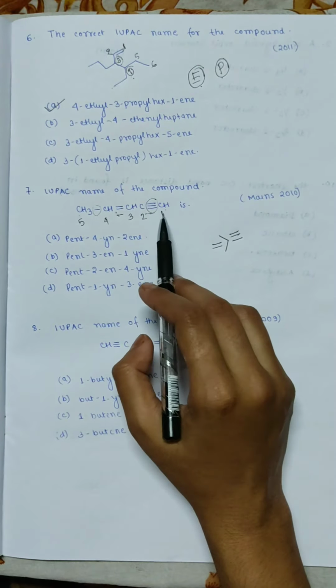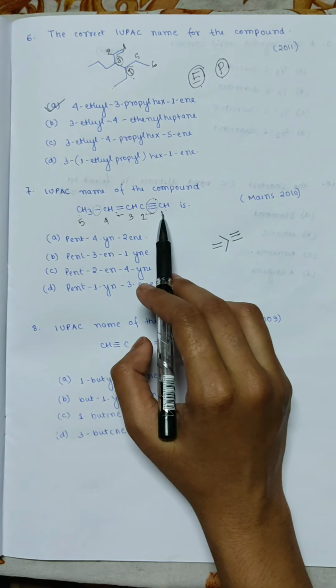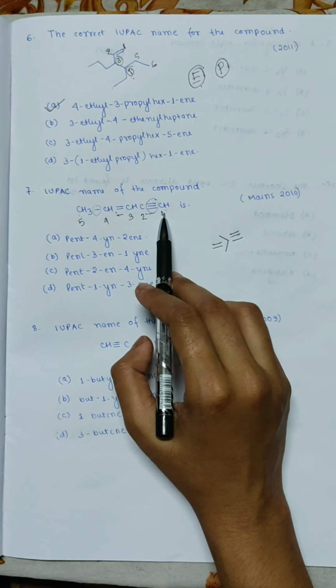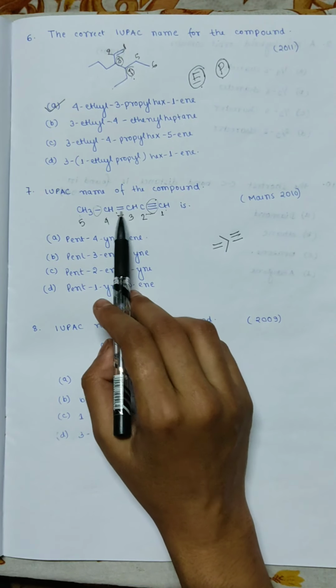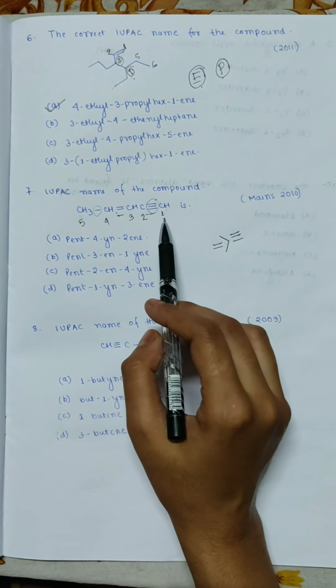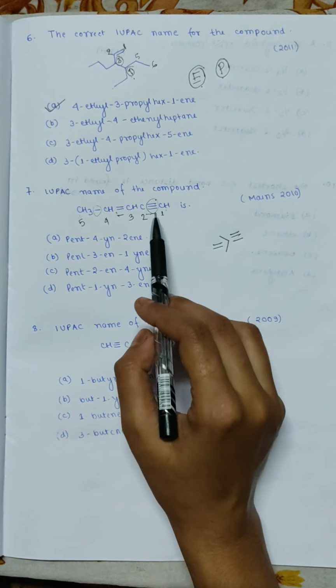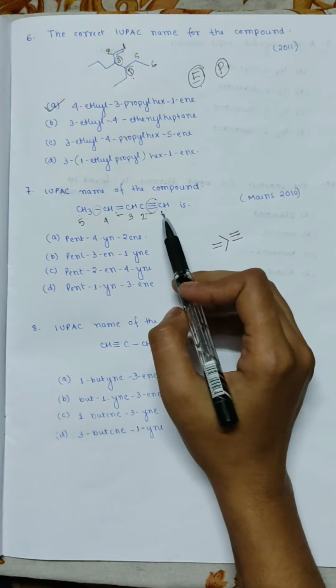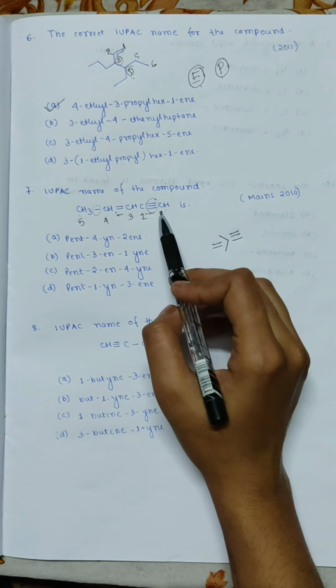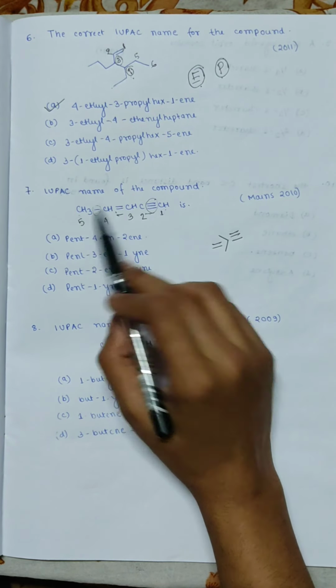That's why I have started numbering this compound from this side. Although we know that a double bond has a better priority than a triple bond, still I am numbering from this side because the triple bond has a better priority than a single bond. So I am numbering this chain as 1, 2, 3, 4, 5.